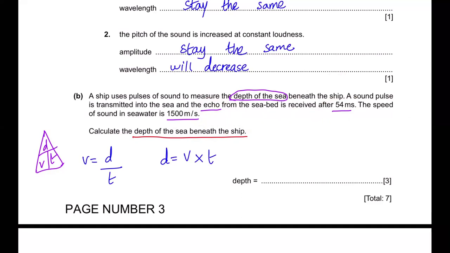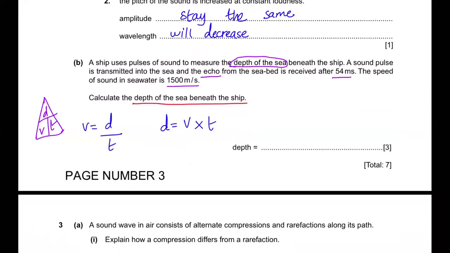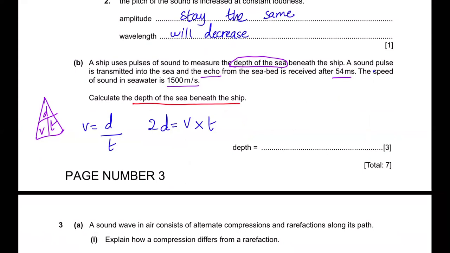So let's say you have 2D. 2D means two distances. Let's say this is the obstacle. Once the sound goes and then you hear it back, so 1 and 2. Now is it clear? Yeah, that's clear. So you put 2D, because you're hearing the sound twice.